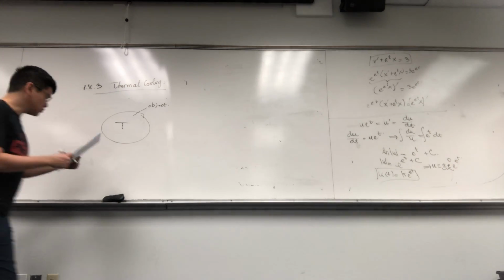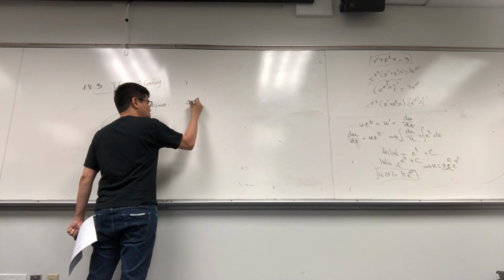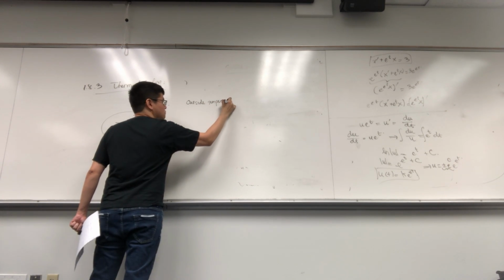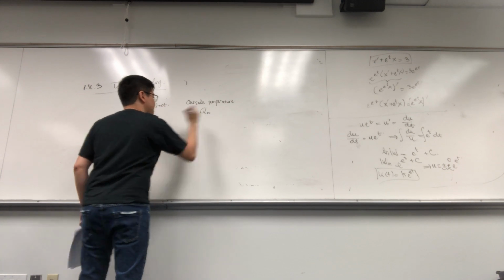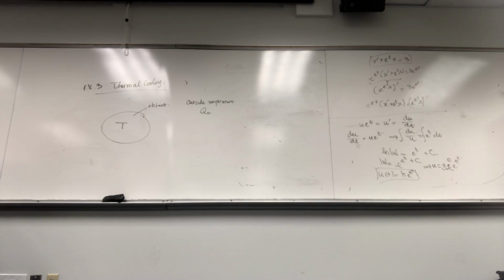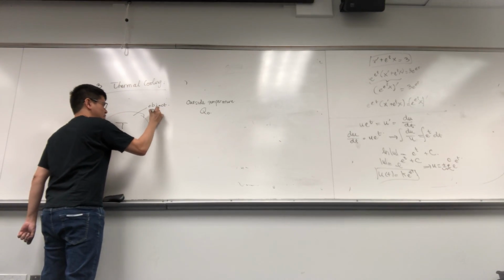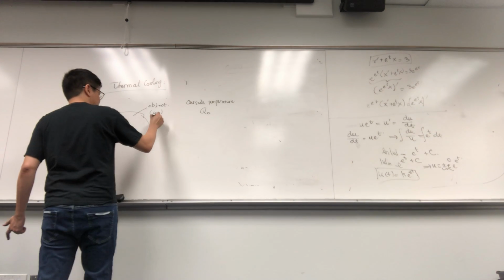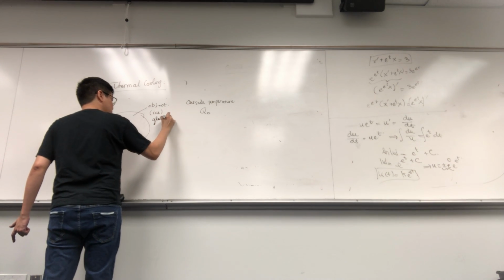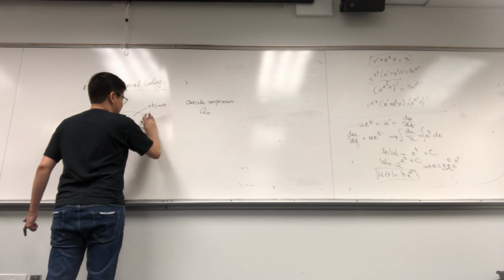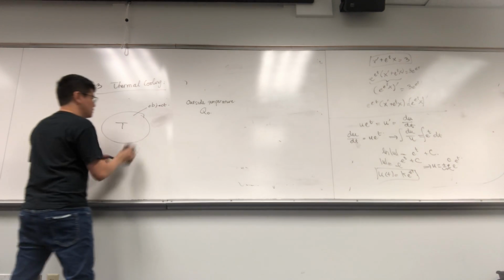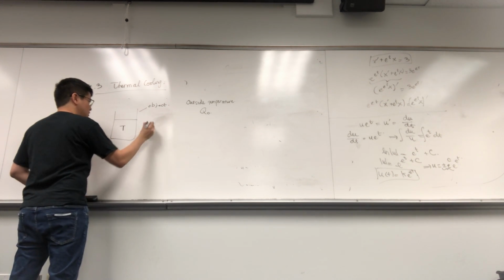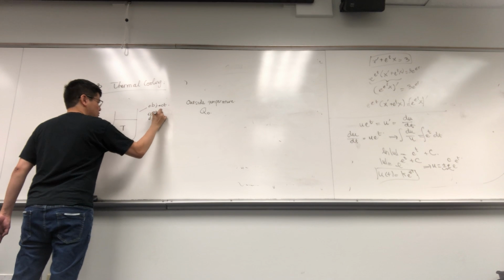And the outside temperature is Q0. Suppose here, for instance, the object can be ice. Or a glass of hot water. So let me say this is a glass of hot water with temperature T.